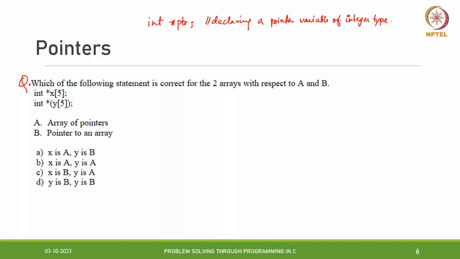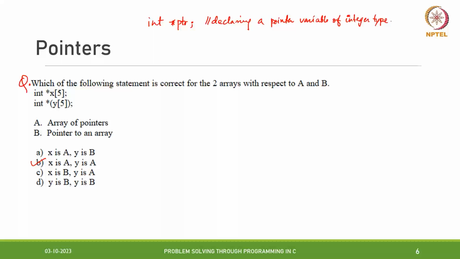We are declaring an array of 5 integer pointers. So it is an array of pointers. Now what about the second one? The second one is also an array of pointers. So the answer here is option B actually. Both of them are ways to define an array of pointers.